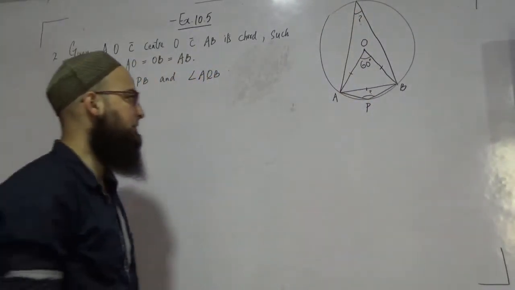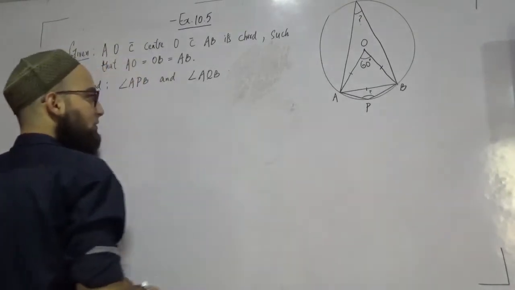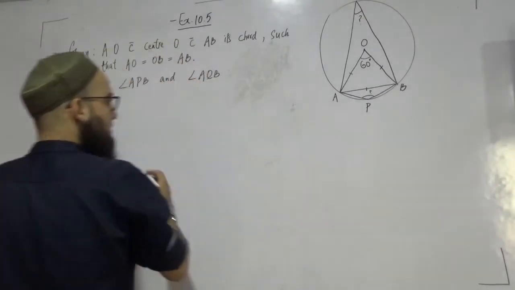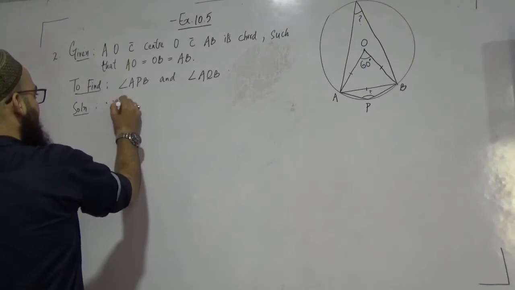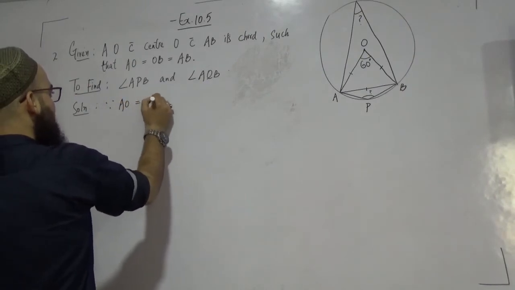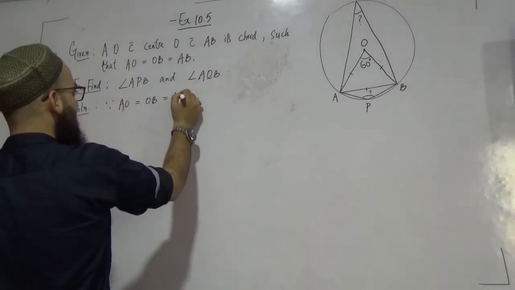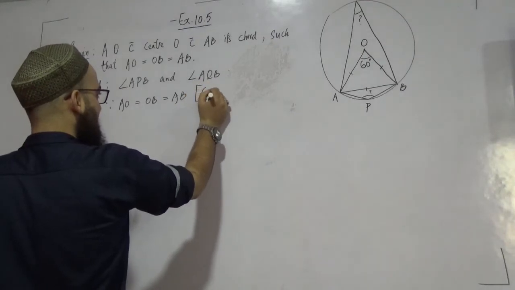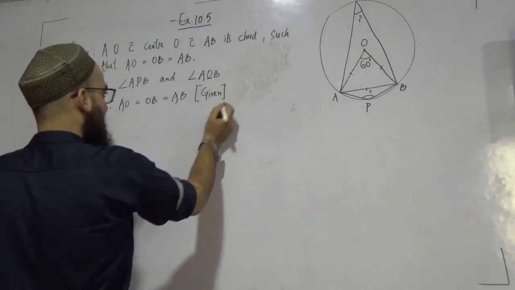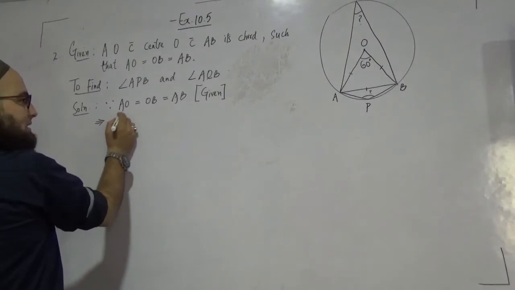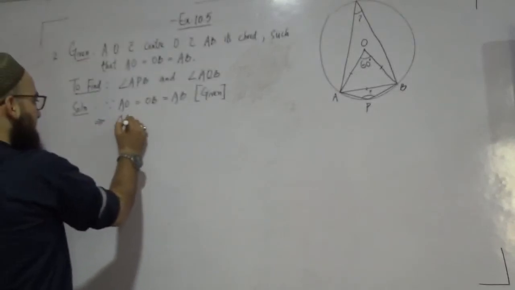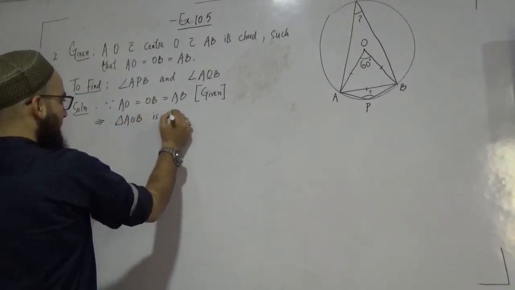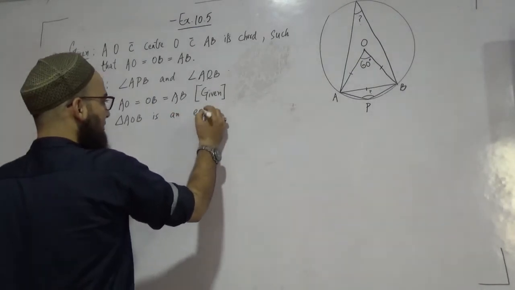You got it? So first of all, since AO is equal to OB is equal to AB, this is given, which implies that triangle AOB is an equilateral triangle.